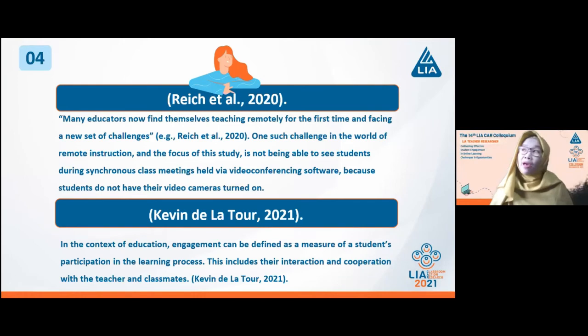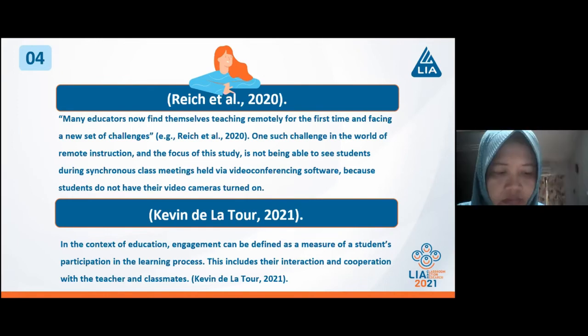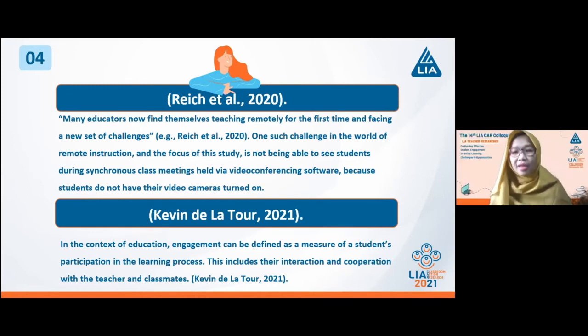Have you ever encountered or experienced something like this? When you call out your student's name and their video is off, are you going to get a quick response or a slow, delayed one?